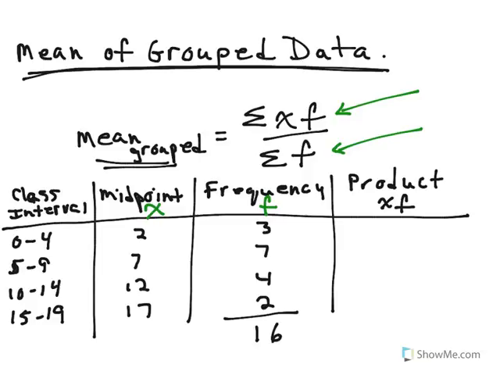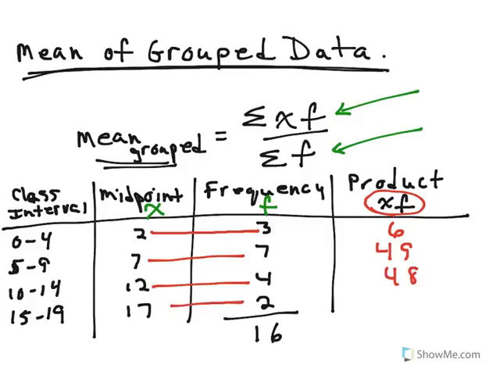Now, when we multiply to find our product, x times f, we multiply 2 times 3, which is 6. Then 7 times 7 is 49. 12 times 4 is 48. 17 times 2 is 34. And then we add those all up, and that gives us 137.